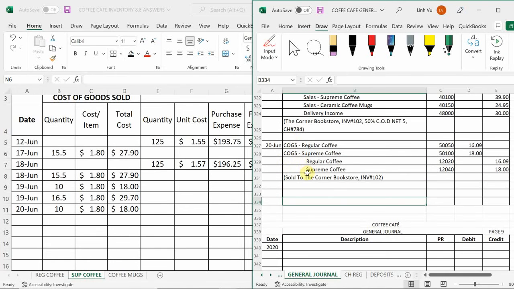What else do we need to do? What's the next step after the journal? Okay.